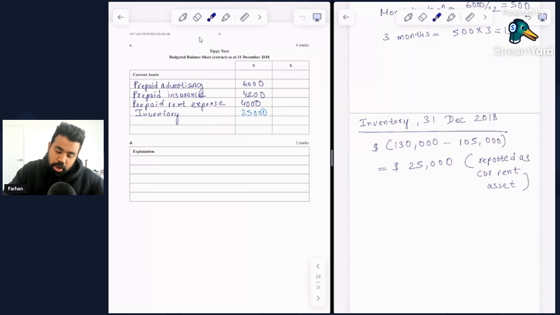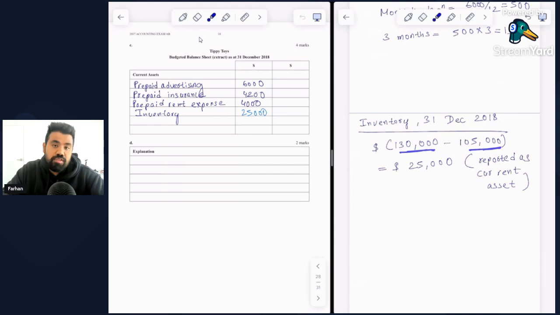Again, let me explain to you how we got that. So the total purchase of inventory, excluding GST, we don't care about GST here because, as you understand, that's something that goes to the GST clearing account. So inventory purchases excluding GST is $130,000, and we subtract $105,000, which refers to the cost of the inventory that we have already sold to our customers.